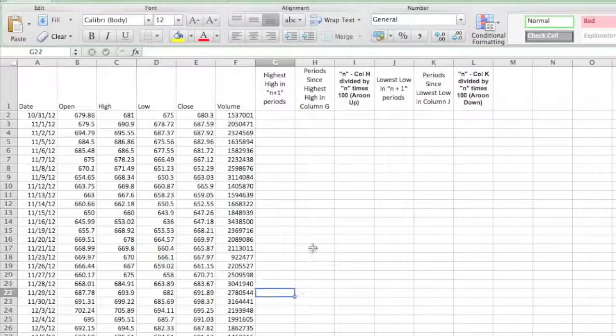Usually for the Aroon, n equals 20, but you could play around with this and use different values. We're going to find the highest high in 20 periods, but we're going to plot whatever value we get in the very next period. That's what the +1 means.